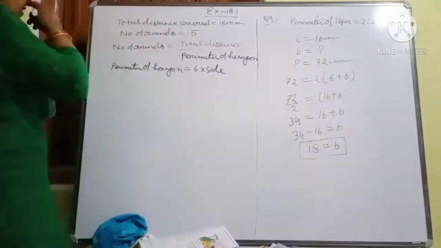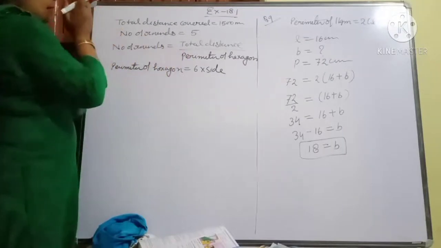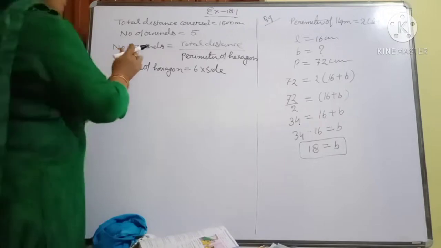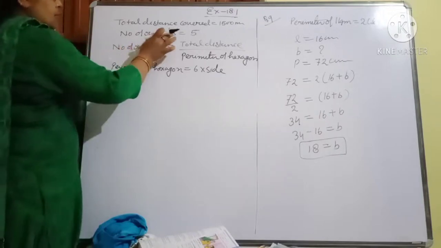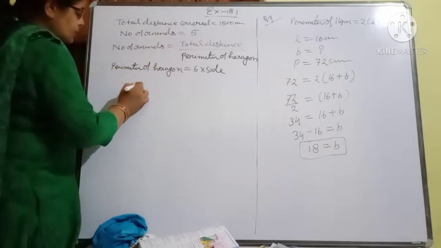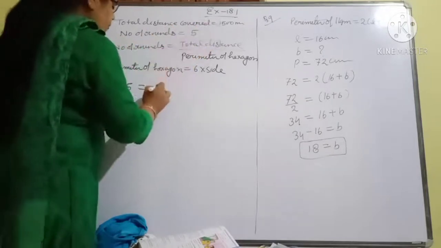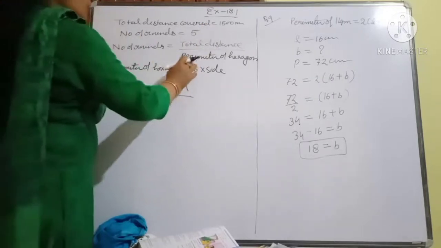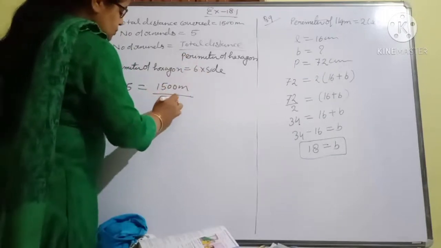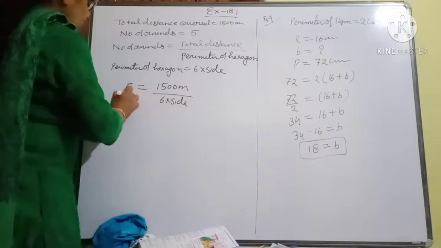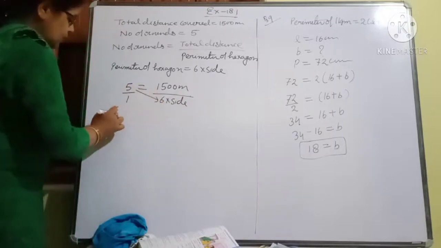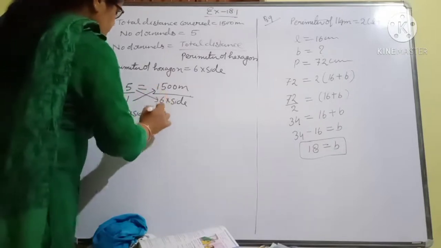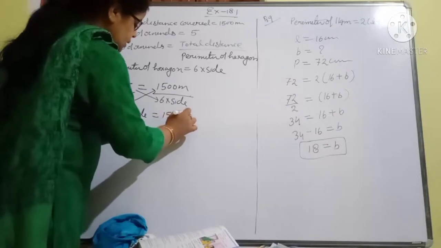Okay, now see that we have to find the number of rounds. How many rounds are there, beta? 5 rounds. So 5 is equal to total distance 1500 meter upon 6 into side. Now do the cross multiplication in this way. 5 into 6 into side is equal to 1500 meter into 1.